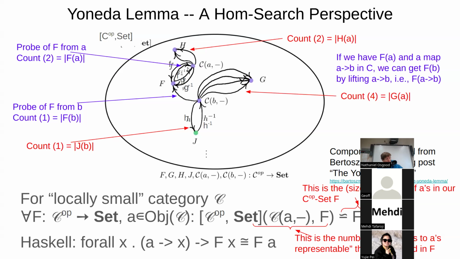What we could think of these searches from these representables as probes. How do we find occurrences of the loops there? How do we find occurrences of the dots there?